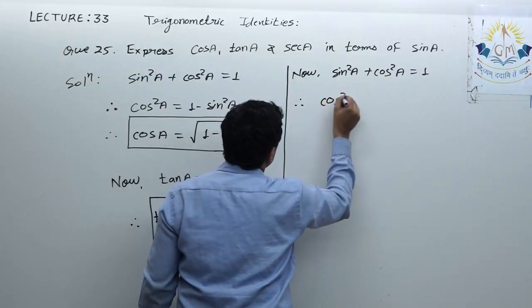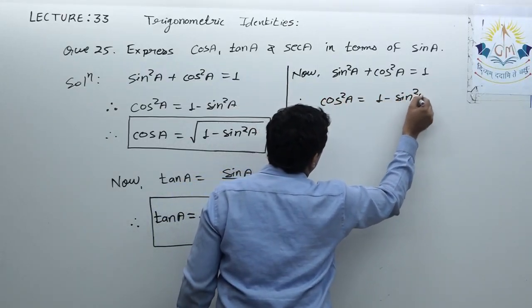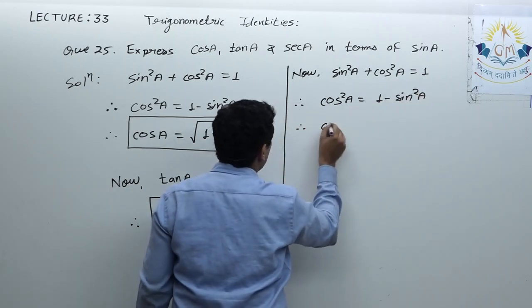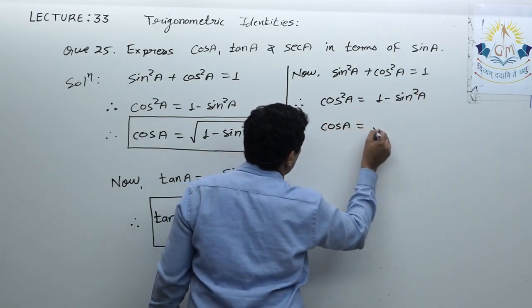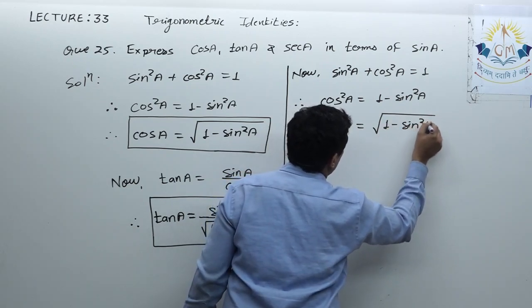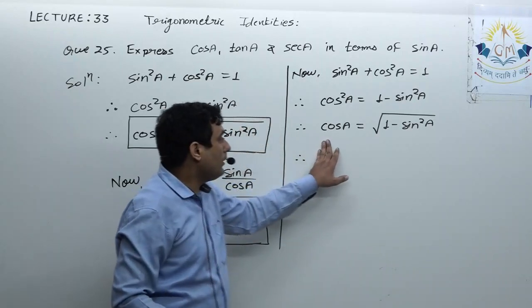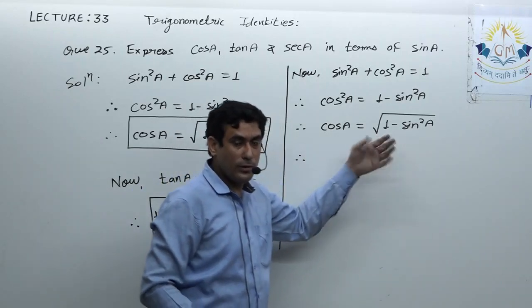Therefore cos square a is equal to 1 minus sine square a. Therefore cos a is equal to root over 1 minus sine square a. Okay, so I got cos a in terms of sine a, so it's now very easy.